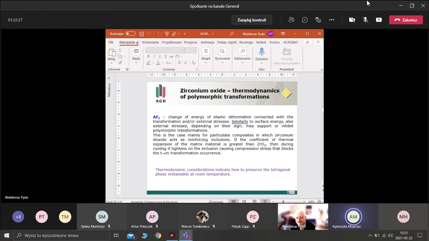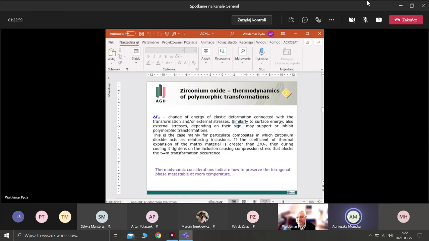I'm sorry, something is wrong with my connection. Is there any energy of elastic deformation generated first during the transformation of a tetragonal particle to its monoclinic counterpart? To be honest, I don't know.